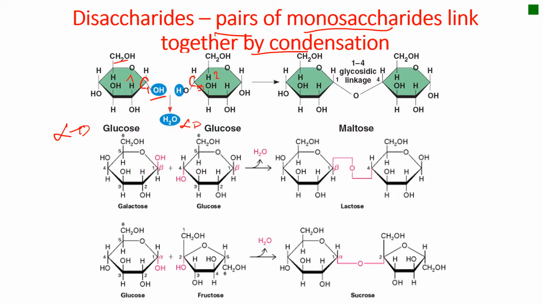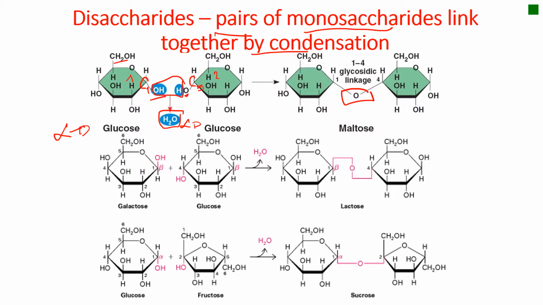The hydroxyl of the first glucose, carbon C1, will combine with the hydrogen of C5, and they will create a water molecule. At the end, because there is still oxygen over here, they will become the linkage, which we call the glycosidic linkage, between the two glucoses.